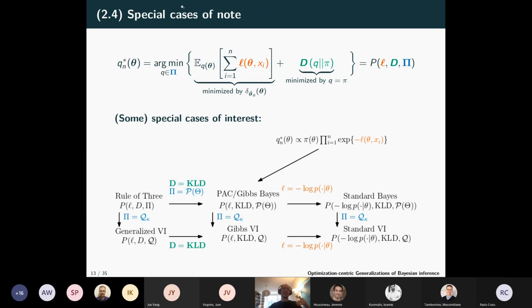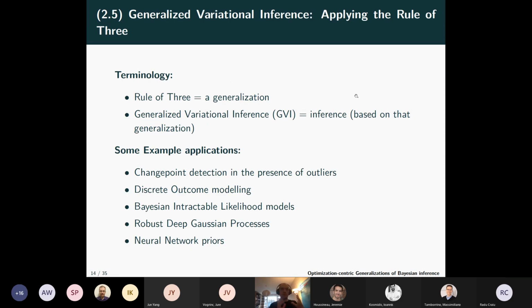And while we'll see later that there are some cases where we can still optimize over the entire space and obtain a closed form for the solution, that's actually not typical. So usually you will be forced into using a subset of parameterized measures on theta if you actually want to tackle this problem. So when I use the word generalized variational inference, I mean a case that we can actually solve. So it'll refer to the methodology rather than the abstraction that I've just presented.